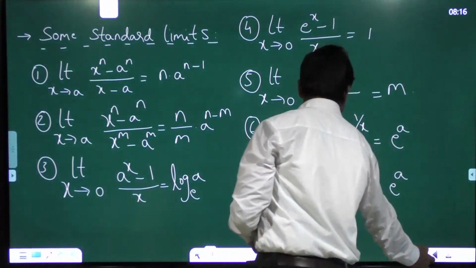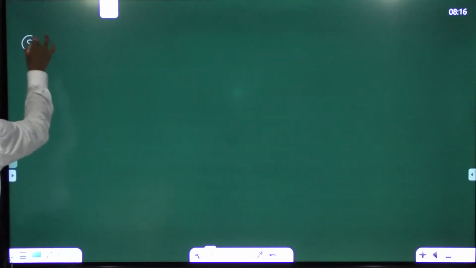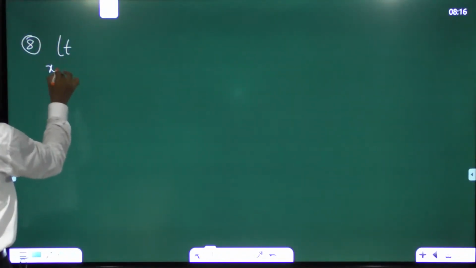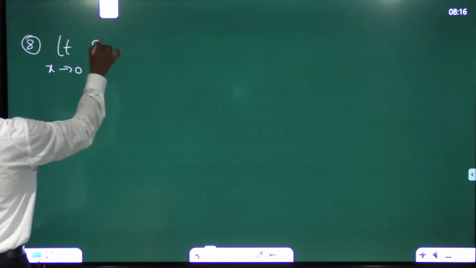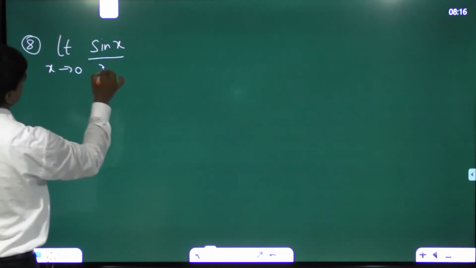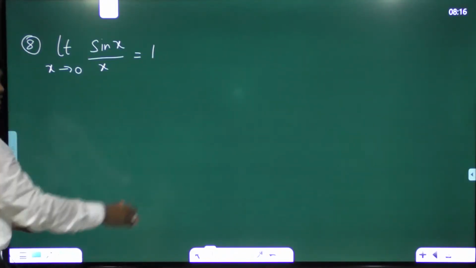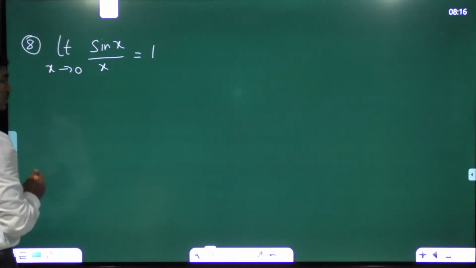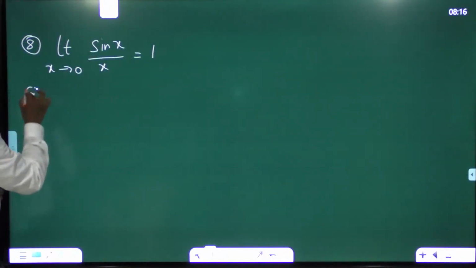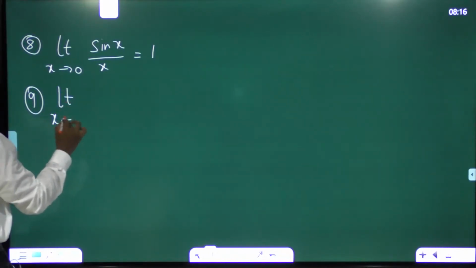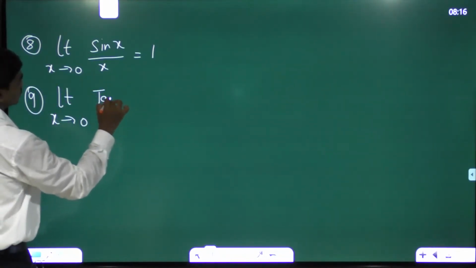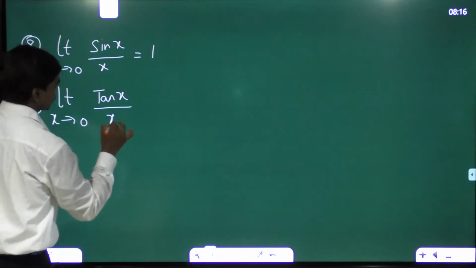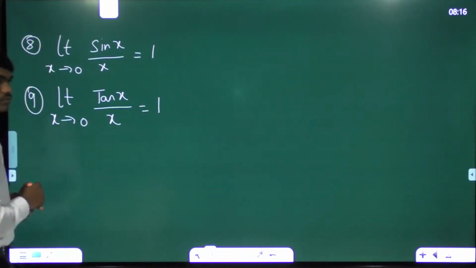Now, continuing with the standard limits. Eighth limit, limit x tends to 0, sin x by x is equal to 1, which I have stated here, and I'll show you in a short time why this limit x tends to 0, sin x by x is 1. 9. And similarly, limit x tends to 0, tan x by x is also 1.